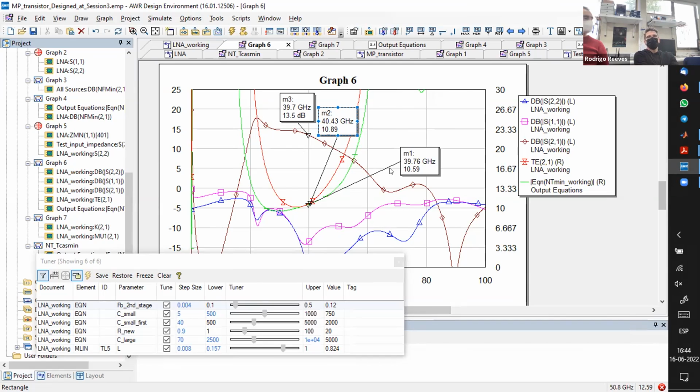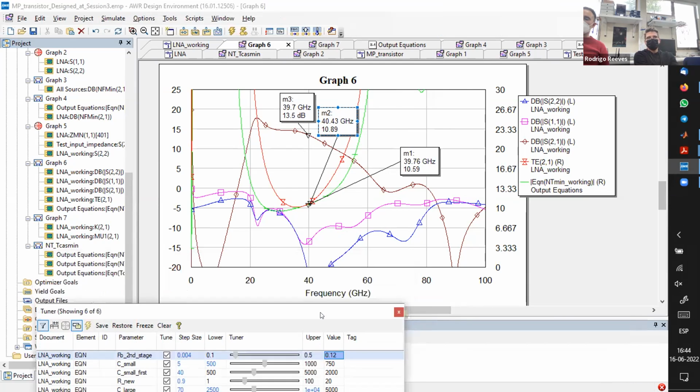It could even cover the whole waveguide band, I think, the Ka band, because we intended for 40. From 26 to 40. So it's almost there, but it needs more tuning. It's not ready. But we know what we are doing, right?